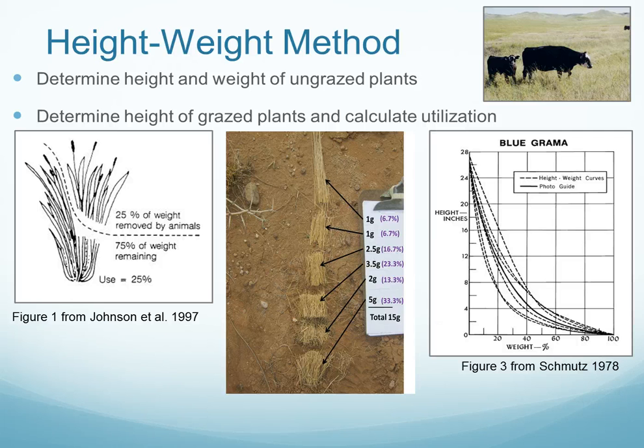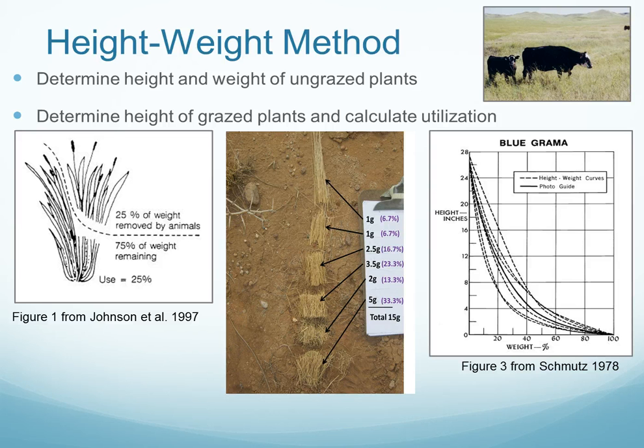On the same plant, if it had been grazed to a 7-inch height, that would still represent only approximately 40% utilization, and 60% of its weight would be remaining.